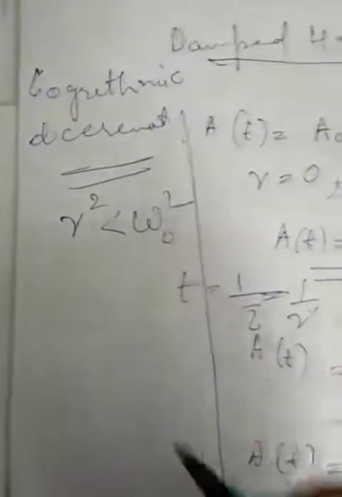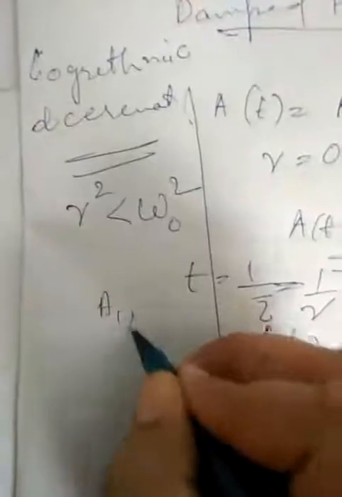So let us say A1 and A2 are the amplitudes at time t1 and t1 plus T. We will find the ratio A1 upon A2, which is equal to e raised to power gamma into T, that is equal to e raised to power theta, where theta is gamma into T.